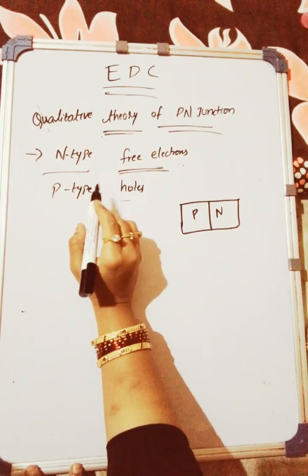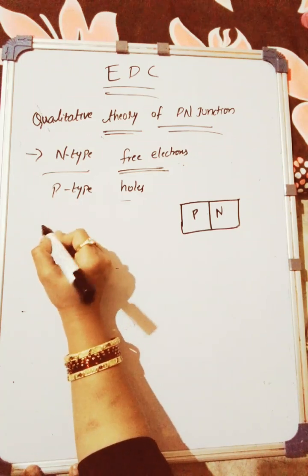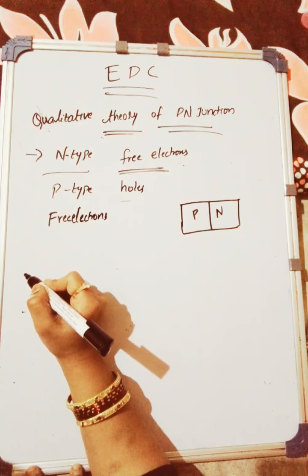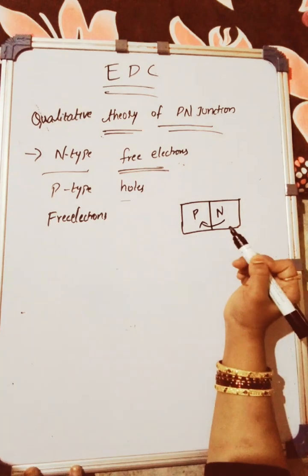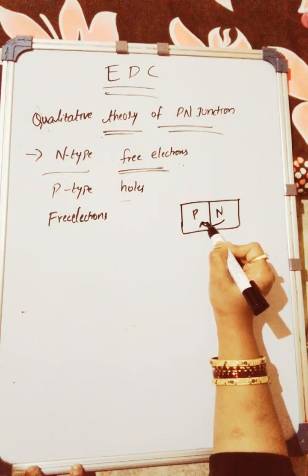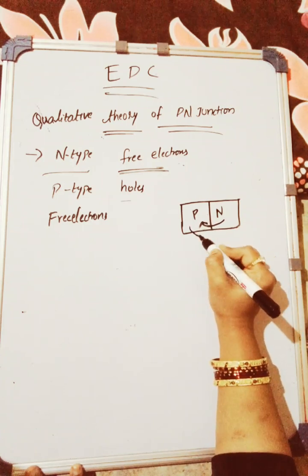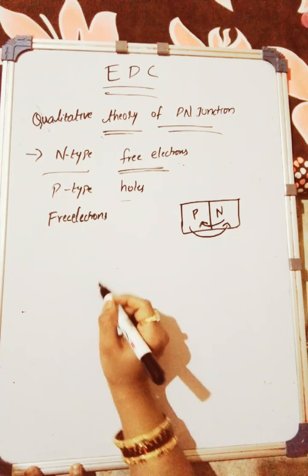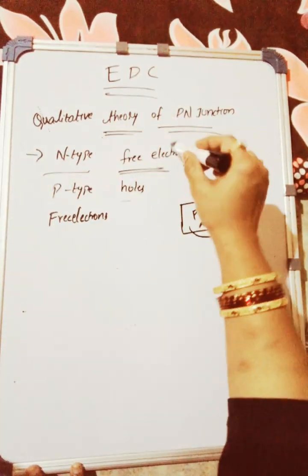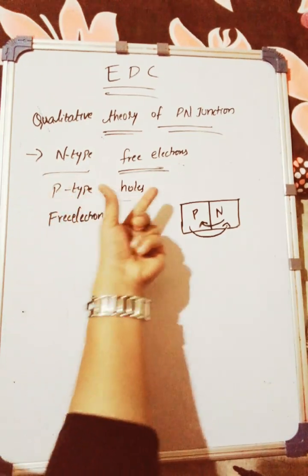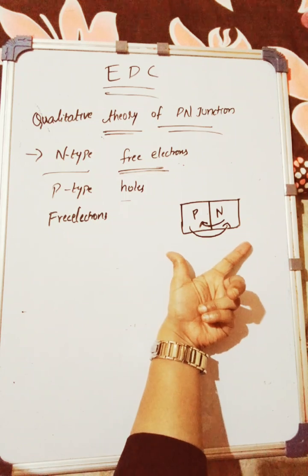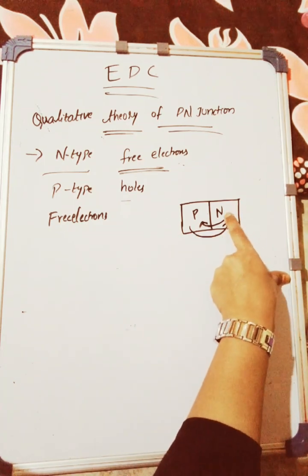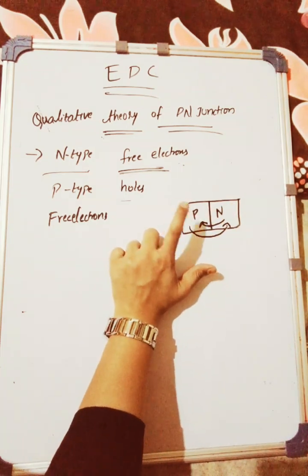Therefore, at the junction side there is a tendency for free electrons to diffuse over to the p side, and for holes to diffuse to the n side. This process is called diffusion. The n-type has a concentration of free electrons, and similarly p-type has more holes. The majority carriers for n-type are electrons, whereas for p-type they are holes.